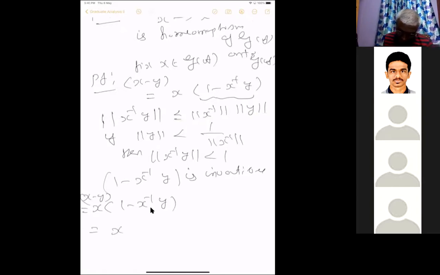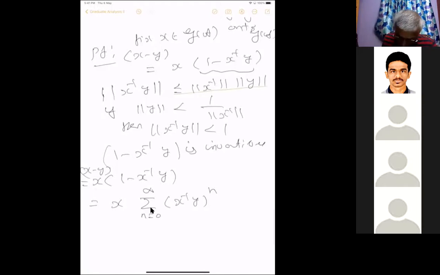This is the summation n equal to 0 to infinity of (x inverse y) to the power n, right? Now what do I want to do? I want to consider the inverse of x minus y.